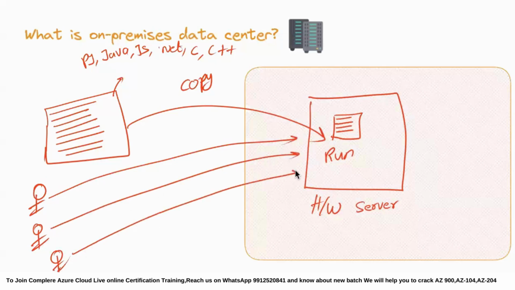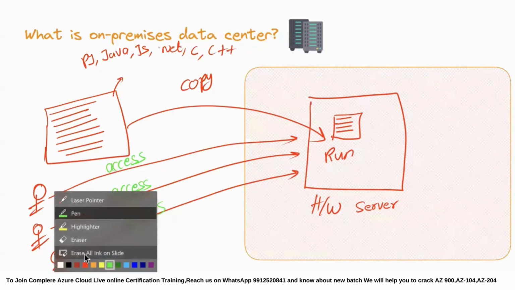This is how you use any application, facebook.com, instagram.com, twitter.com, youtube.com, google.com. This is what happens behind the scenes. They have the code, copy it to a hardware server, run it, and users can access it. Any user with an internet connection can access your hardware device. That is simply the term called deploying.